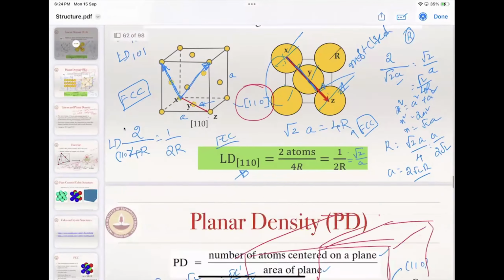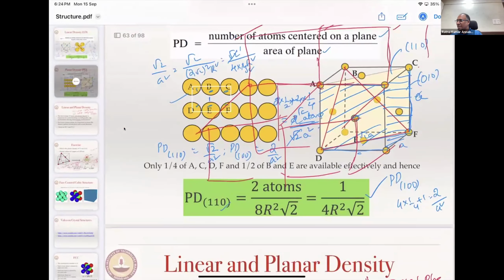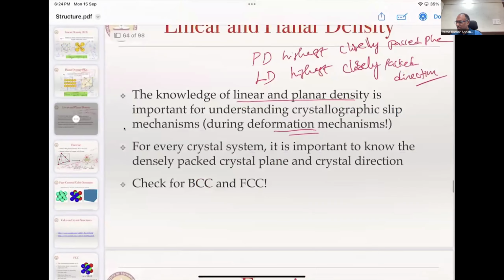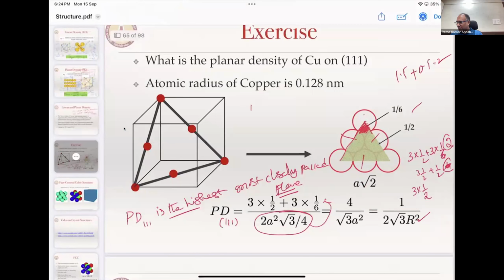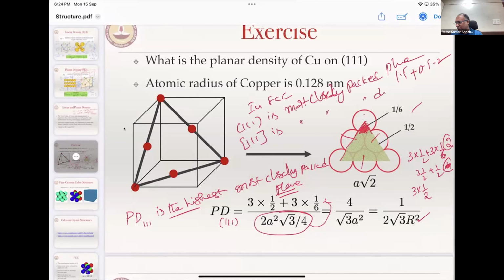Similarly, the most closely packed plane is 111, not 110. So in FCC, 111 is the most closely packed plane and 110 is the most closely packed direction. Is that clear? Any questions here?